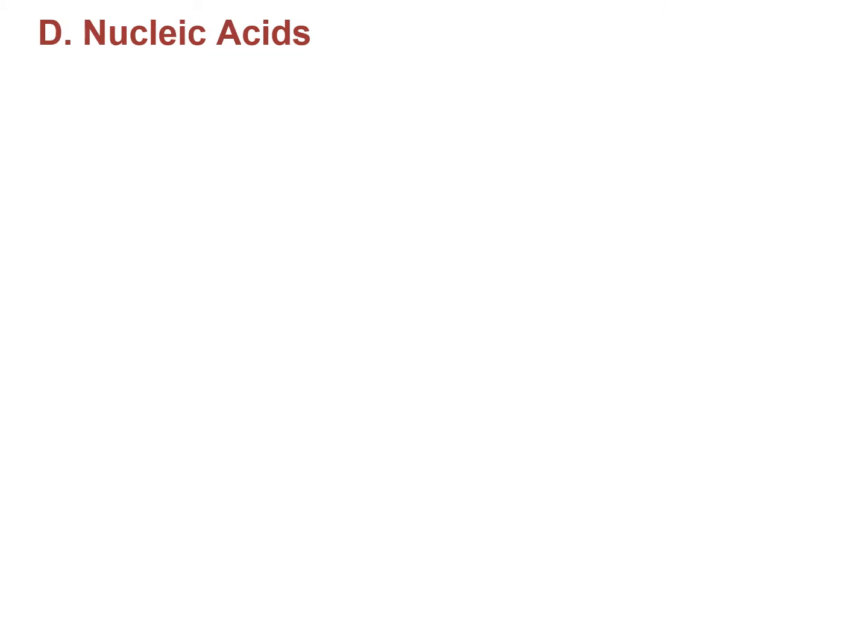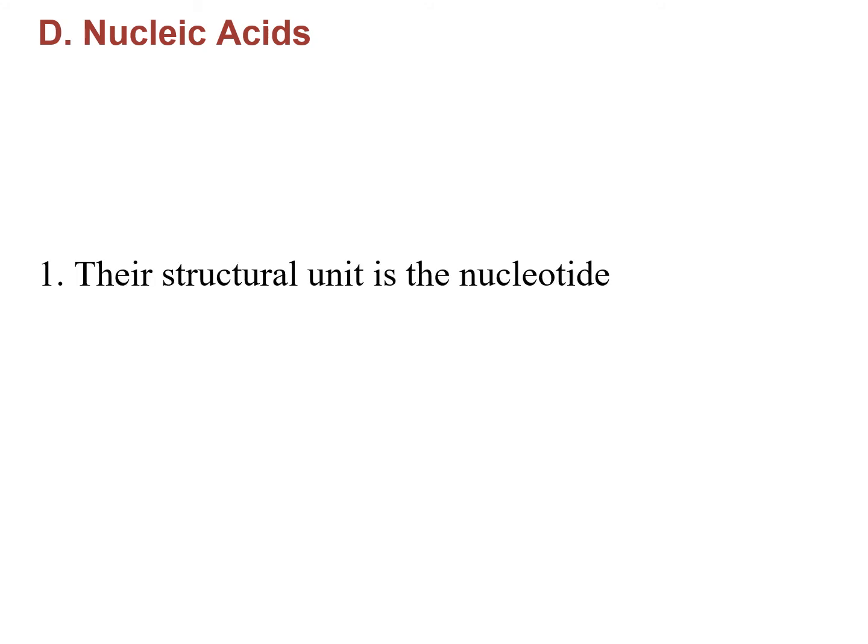Our fourth group of organic molecules are the nucleic acids. Their common unit molecule is called the nucleotide. So nucleotides are to nucleic acids what amino acids are to proteins, or what monosaccharides are to carbohydrates.